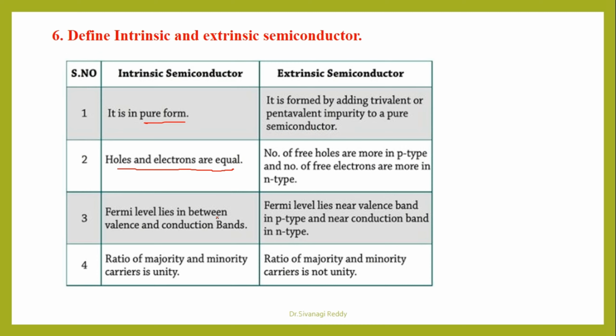The Fermi level lies in between the valence band and conduction band. So this is the Fermi level. In extrinsic semiconductors, the Fermi level lies near the valence band in P-type and near the conduction band in N-type. The ratio of majority and minority carriers is unity in intrinsic semiconductors, but the ratio will be different for extrinsic semiconductors.